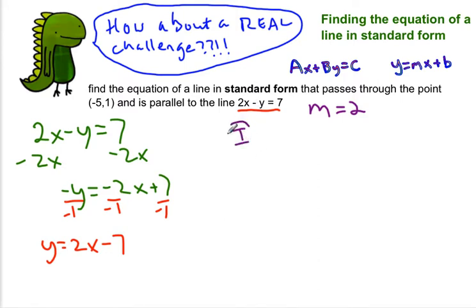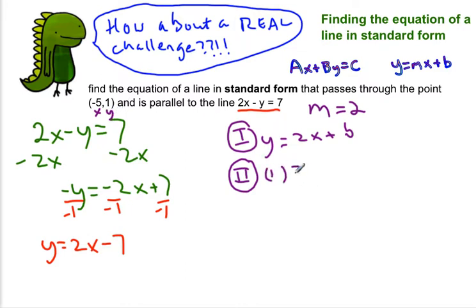So we would have y equals 2x plus b, and then in step 2 we plug in our x and y values, our coordinate, our ordered pair. So we would have y is 1, and that would equal 2 times -5, because that is the x value. We substituted it directly in, plus b.